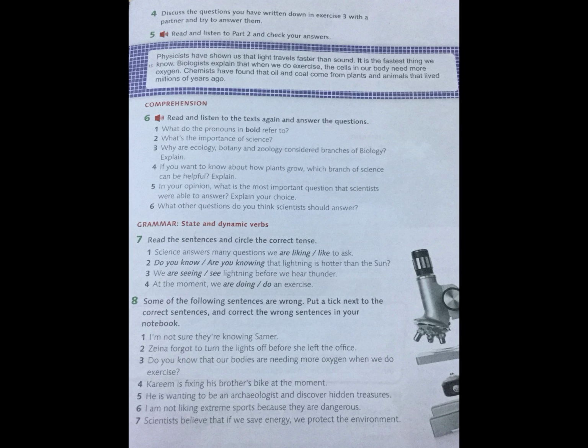Now here, in 1 we said like, 2 know, 3 see, 4 are doing. Now the verbs in the first sentences don't come in the continuous because they are verbs of thinking, emotions, or senses. Okay, like we said, they are from the emotion, the possession, and the abstract.